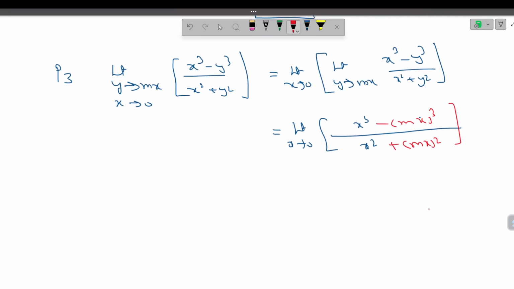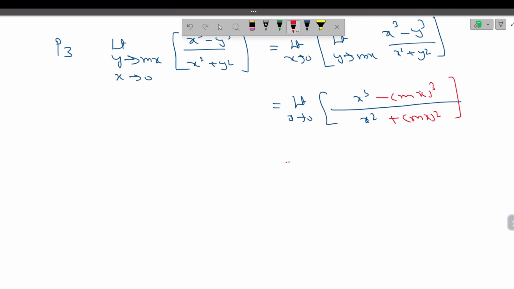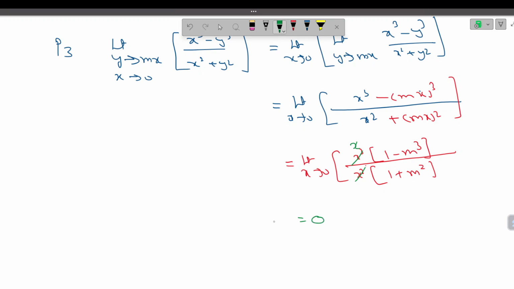Taking x cube common from the numerator gives 1 minus m cube, and taking x square common from the denominator gives 1 plus m square. Then x square and x cube cancel, and we are left with x. Now if you substitute x equal to 0, 0 times any fixed number is 0. That means P3 is 0.